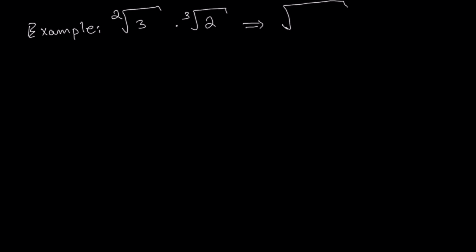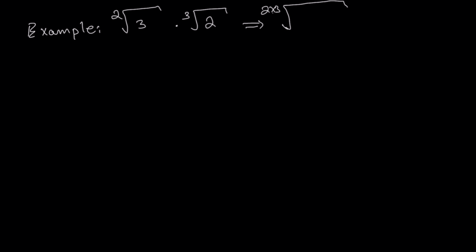and what we get, 2 times 3 is 6, and that new number we will divide by the index number of the first root, and write it as a power of this radical number.